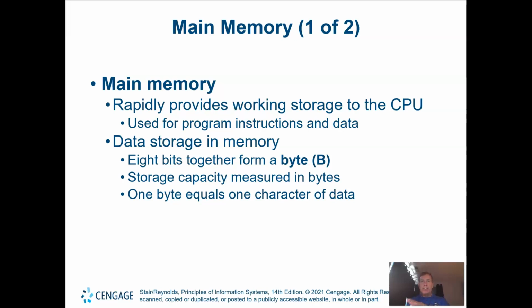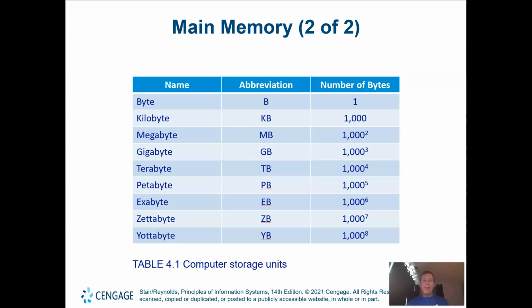The chief function, as I've already mentioned, I believe, is to rapidly provide data to the CPU, etc. And I've already mentioned that 8 bits are used to represent a character, and the 8 bits together form a byte, right? A byte. And so 1 byte being equivalent to 1 character of data along the way.